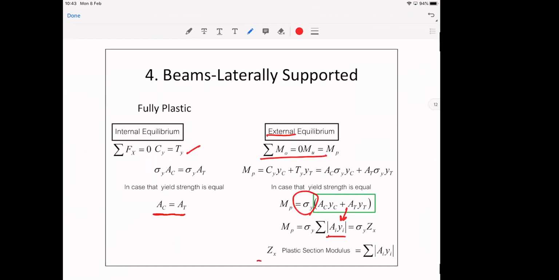You may call that plastic section modulus. If you can locate where your plastic neutral axis is, you can sum the moment of the area about the plastic neutral axis. You will get the plastic section modulus.